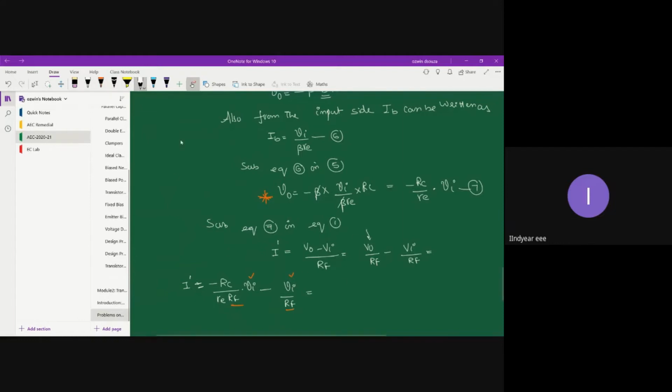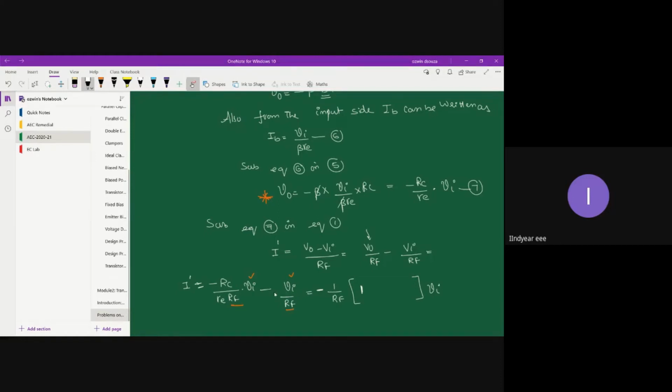So if you do that, what you get is 1 by RF, open the bracket. And I'll keep VI also outside the bracket. So basically what you are doing is, let me take out the negative sign so that this term I can write as unity. So you have taken out minus VI divided by RF outside the bracket.